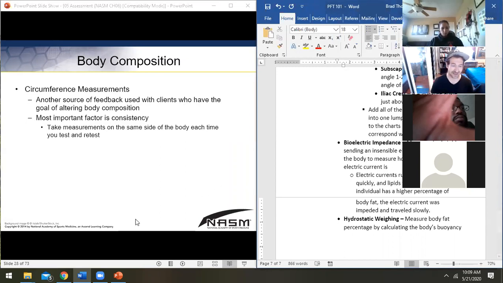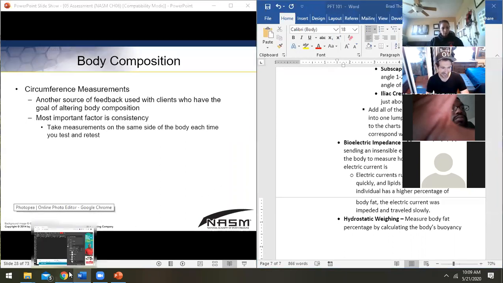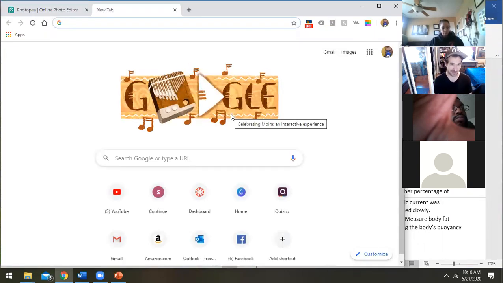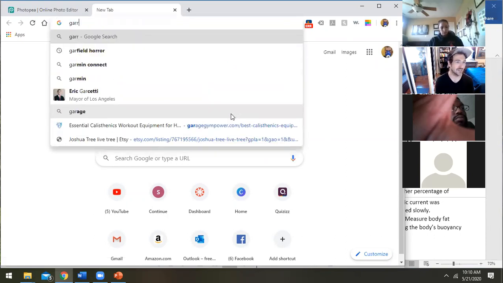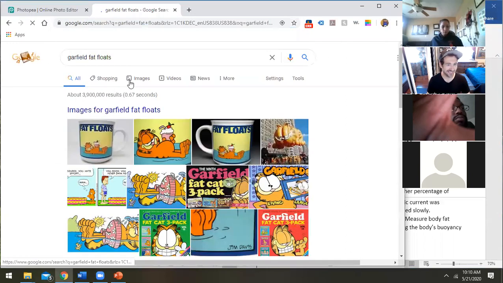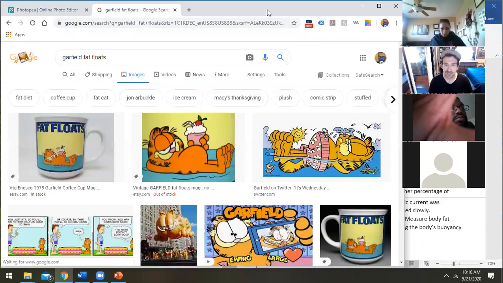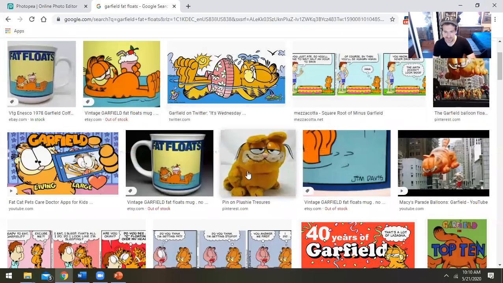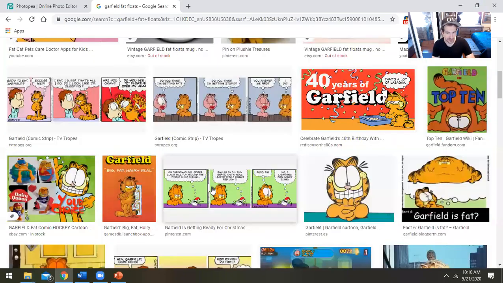There's a really great Garfield comic that highlights this pretty well. My teacher actually had this on his board. Let's see if I can find this. Nah, it's just a bunch of pictures of Garfield floats.